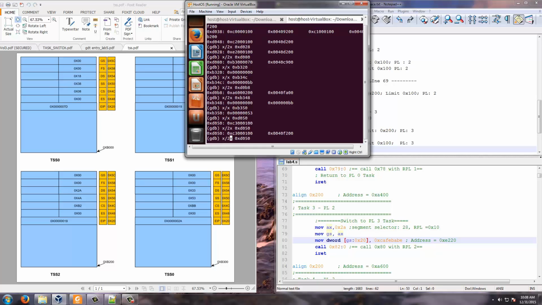Now let us also see what is happening to the other things. So let us see the remaining 3 things. D054 and above. Sorry, B354.